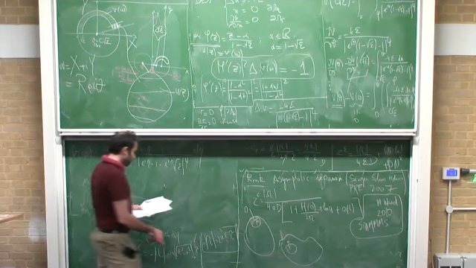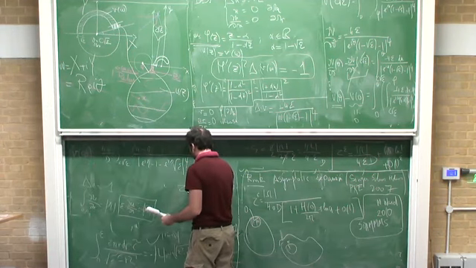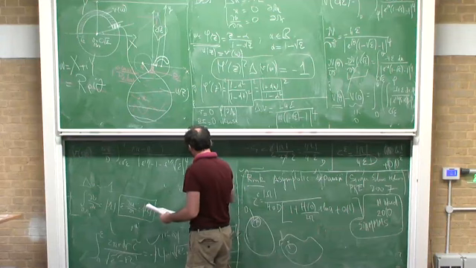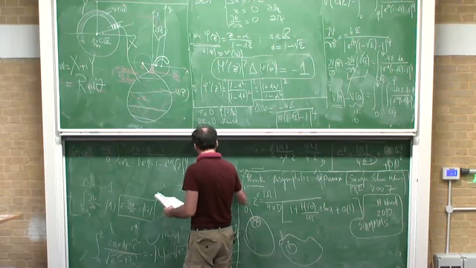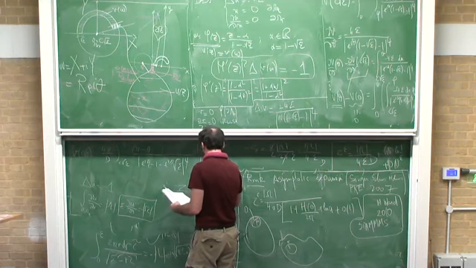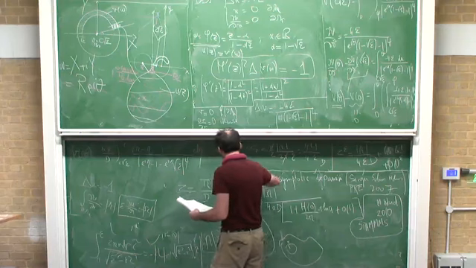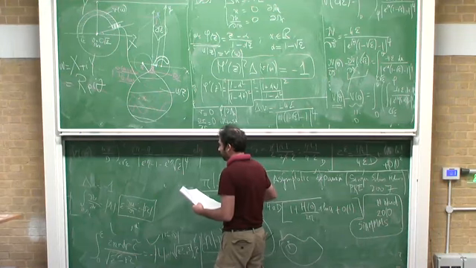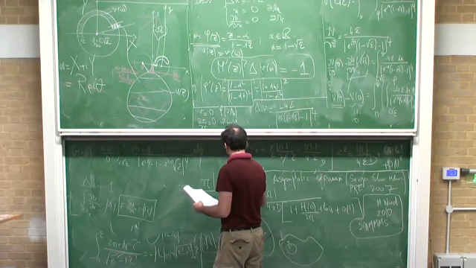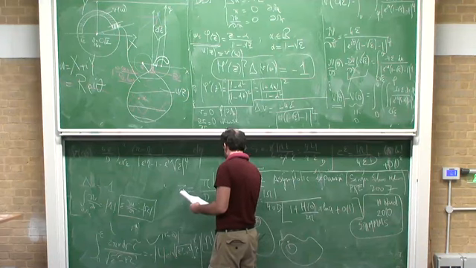But the result is the following. The mean first passage time in dimension 2 is pi omega divided by d, and if we have the curvature radius, this is square root of r, and we have square root of epsilon.